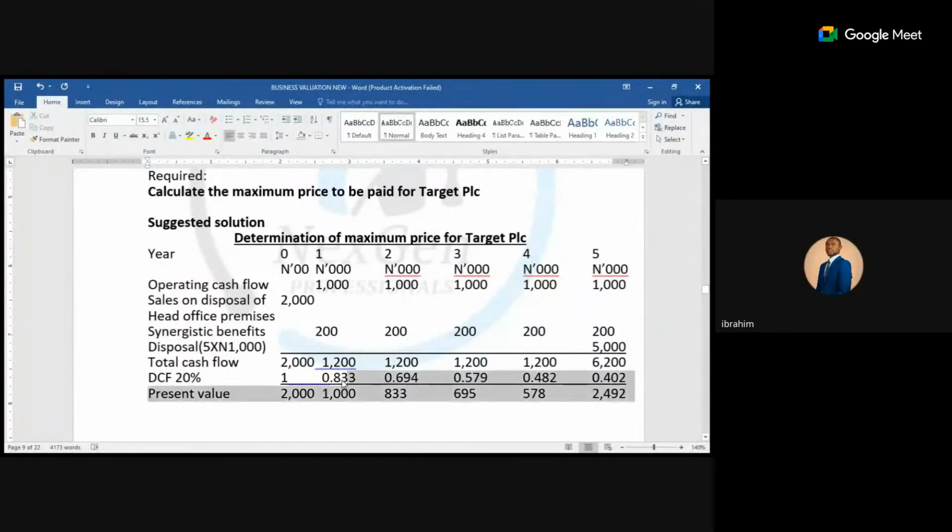Okay. What is the total value of the company? That's 7,598.